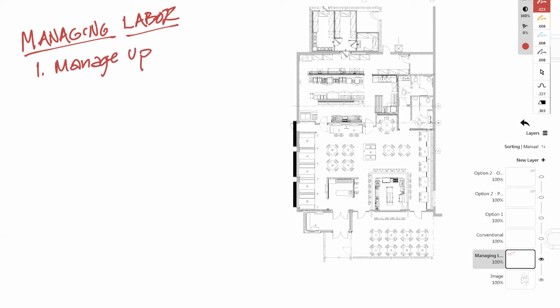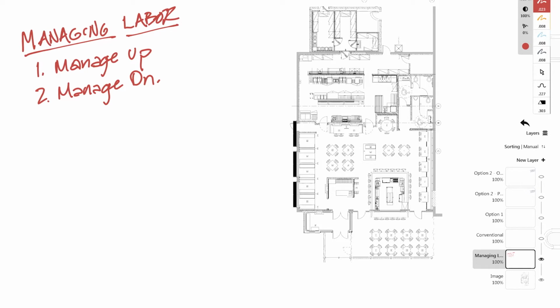All right, so we're talking about managing labor. And really, when you talk about managing labor, there's two ways to look at it. The first is to manage labor up, and the second is to manage labor down. What am I talking about? Up, down, sideways? What does that mean? Well, basically, you have 2 or 3 different periods during the normal course of restaurant business.